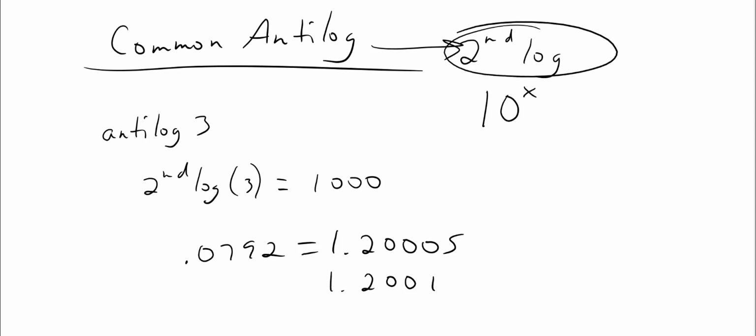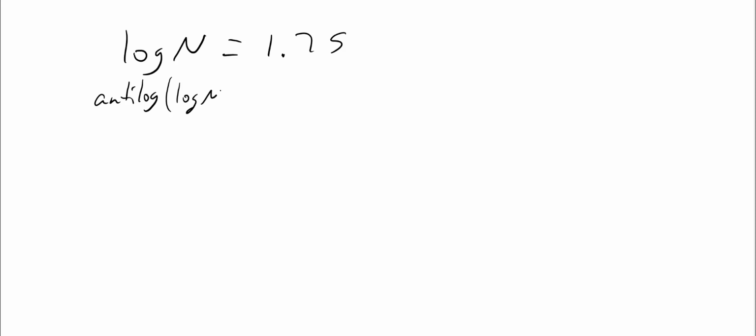Okay? So real quickly, one more thing I want to show you guys. If I give you a problem that looks like this, log of n is equal to 1.75. So in order to solve for n, I need to get rid of the log. So I take the anti-log of both sides. I take the anti-log of 1.75.